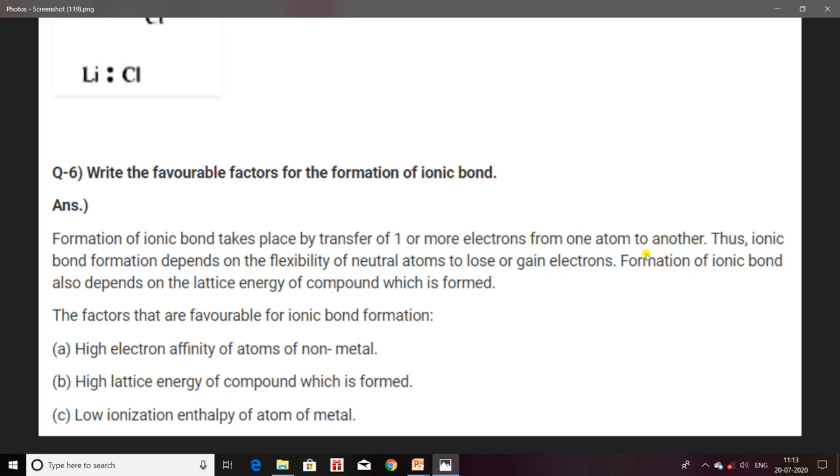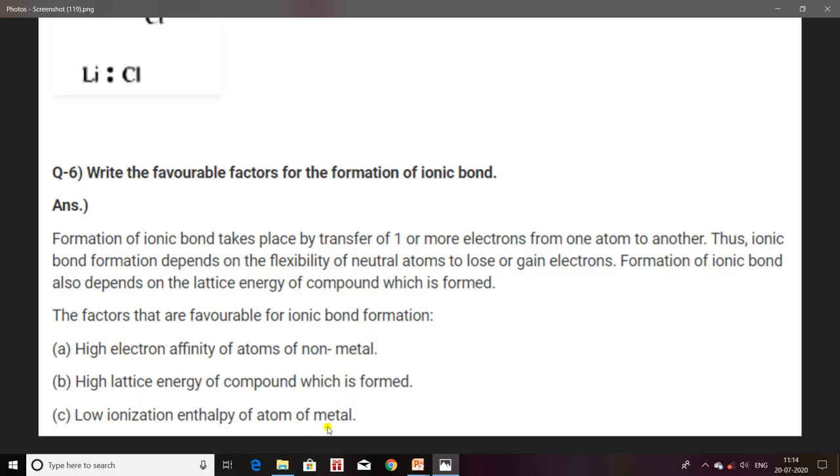Now this ionic bond depends on some factors, because one atom is losing one electron and another atom is gaining one electron. So it depends upon the electron affinity. That means it depends upon the electron gain enthalpy of the nonmetal. Okay. If electron gain enthalpy of the nonmetal is more negative, that means it can easily gain electrons.